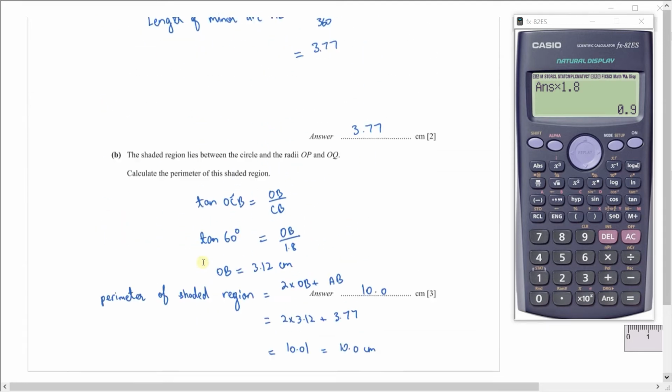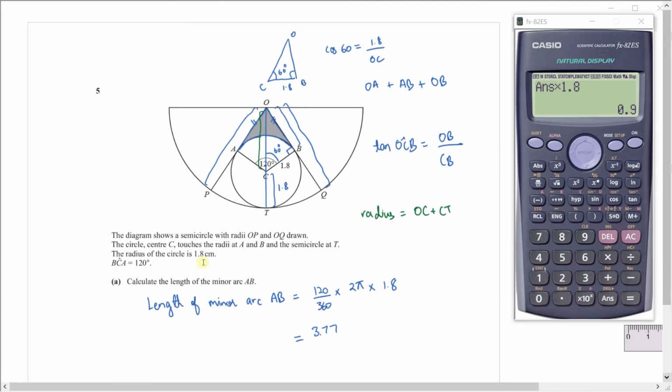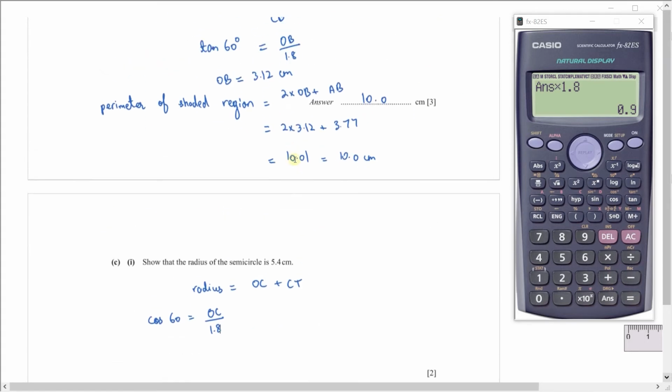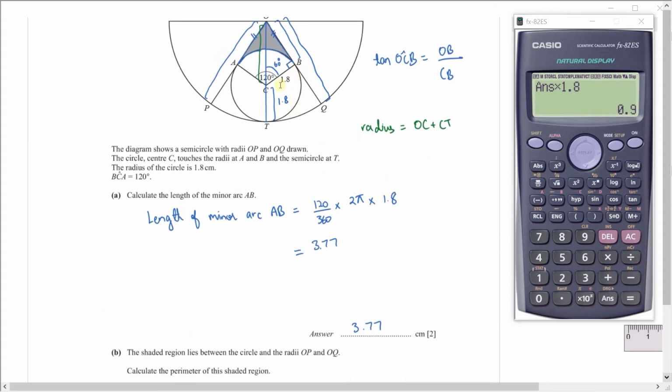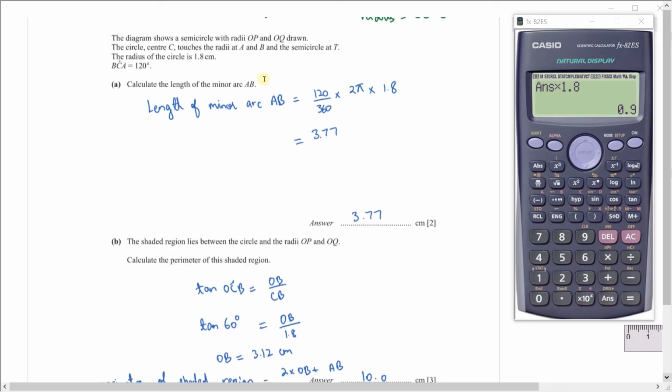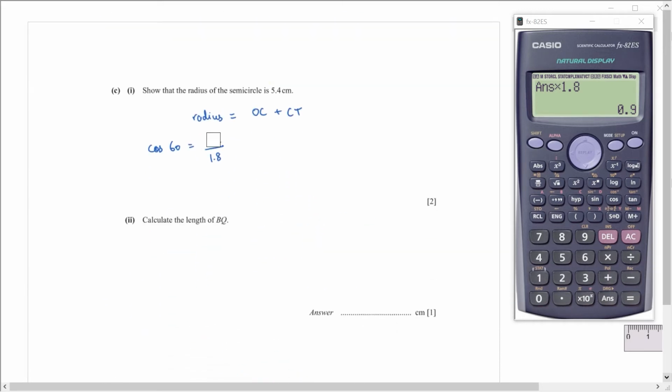One second, I think I might have made a mistake here. Sorry, it's the other way around. Cos of 60 is base over hypotenuse. So this should be 1.8 over OC, which is the hypotenuse.